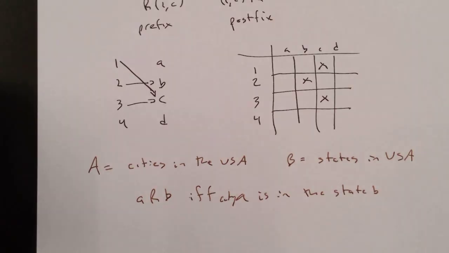But that's okay. A relation just generally associates these things together. But in chapter 2, we were very specific. We talked about functions, right? A function is really a kind of a relation.